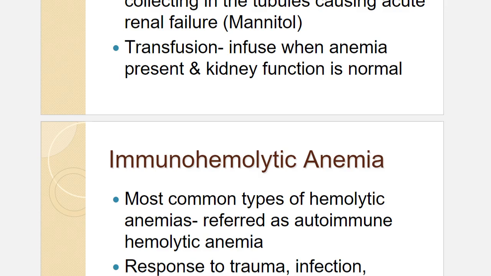I think that's pretty much the important information that I wanted to provide for you. But just remember, a lot of people that have this won't have any symptoms until some kind of stressor or exposure to something that will cause increased stress on the red blood cell, causing it to increase its metabolism.